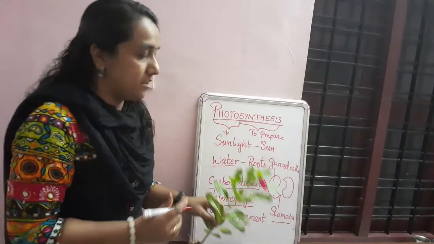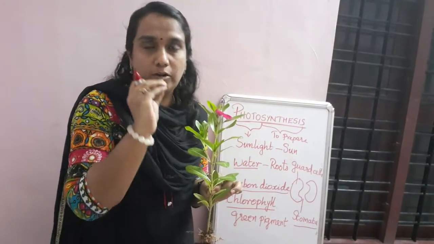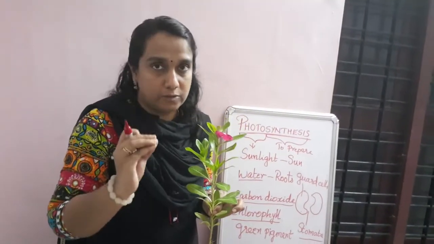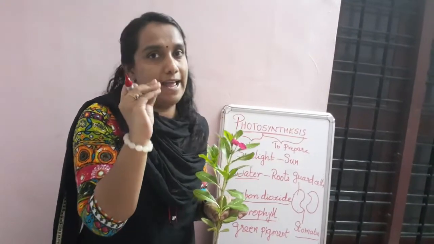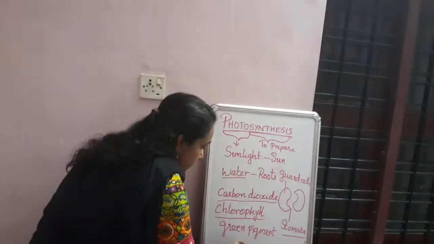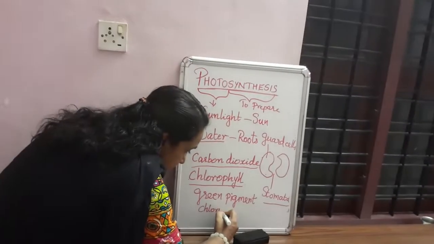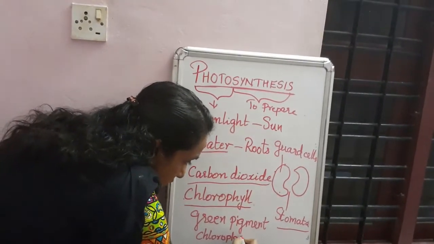When you observe these plant cells under a compound microscope, the electron microscope, we can see some small granules. That is known as the chloroplast. The cell organelle is known as the chloroplast.